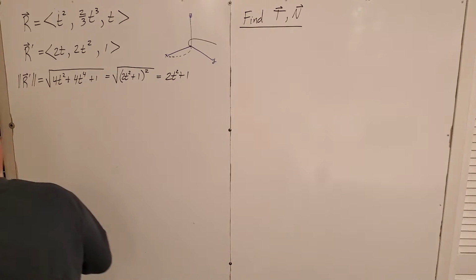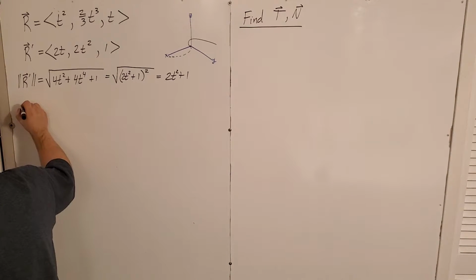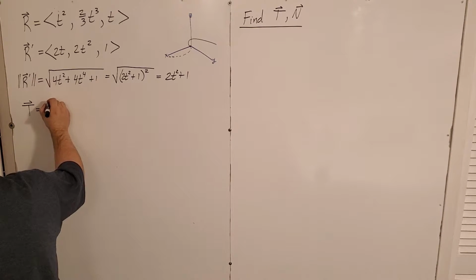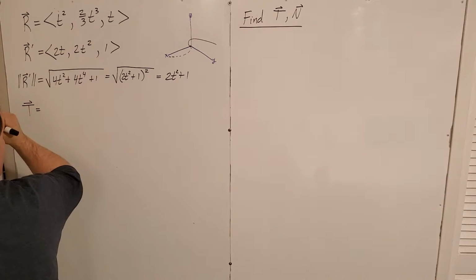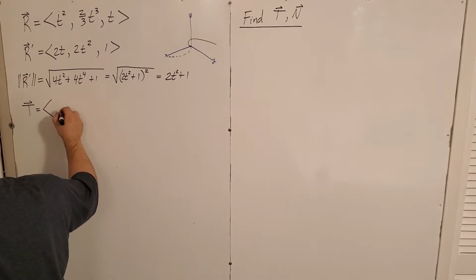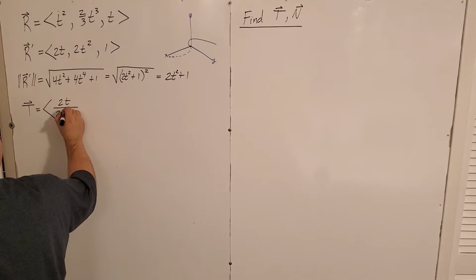Okay, so then what is T? Right, the unit tangent vector is then everything over 2t squared plus 1.